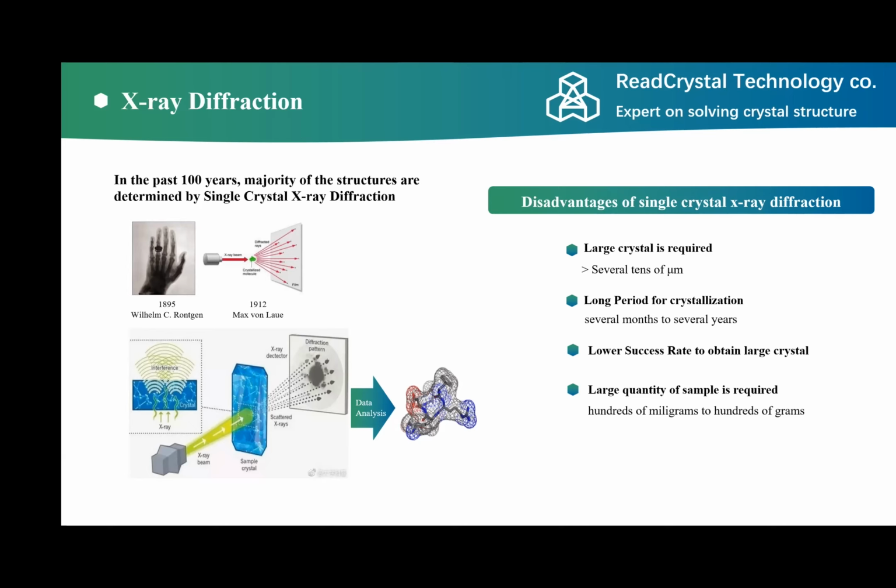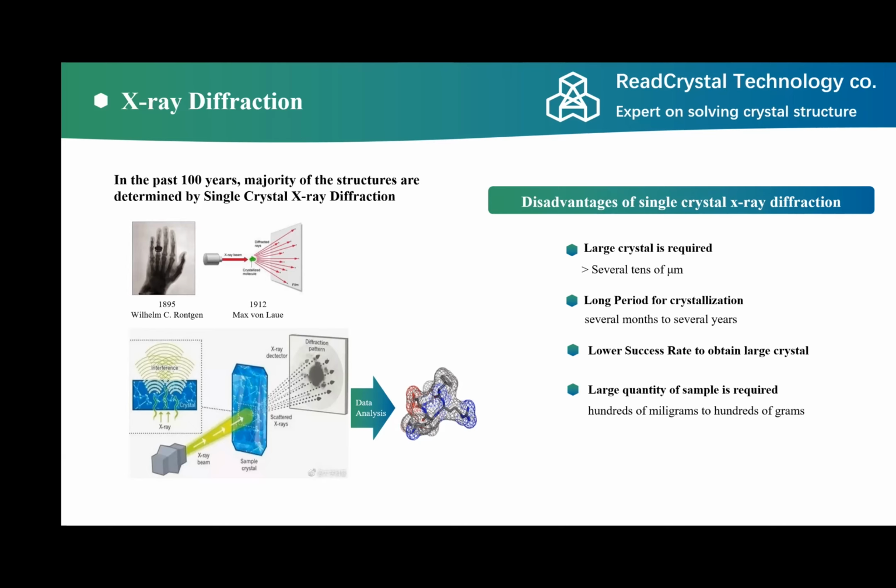And in some cases, due to the property of the protein molecule, we may fail to grow a crystal big enough for the diffraction. So for those samples, the structure might still be unknown.